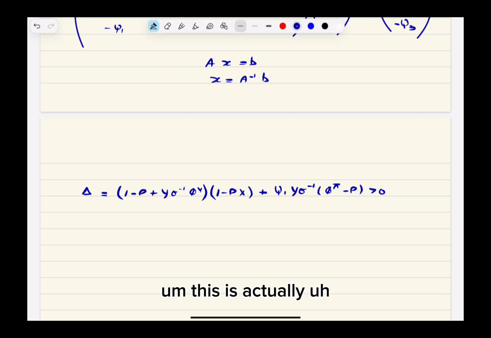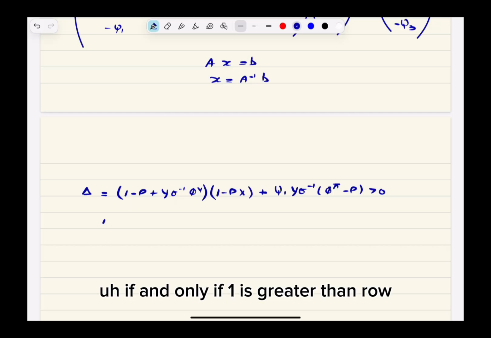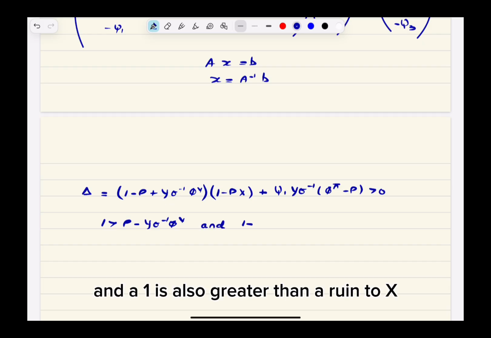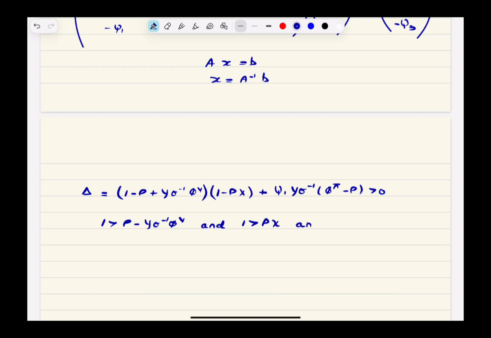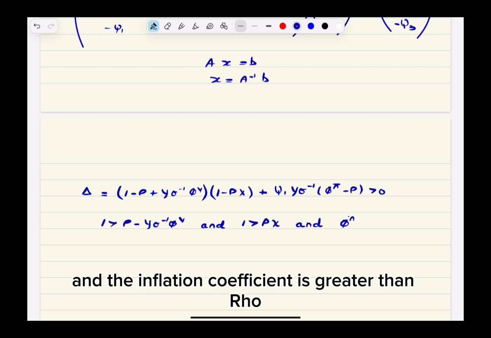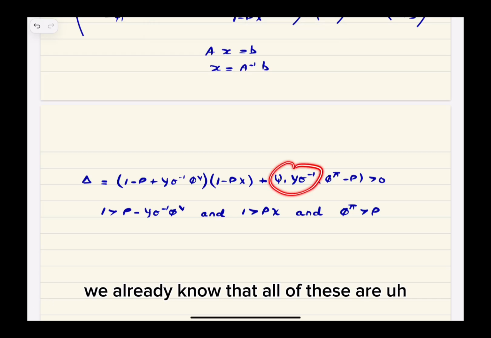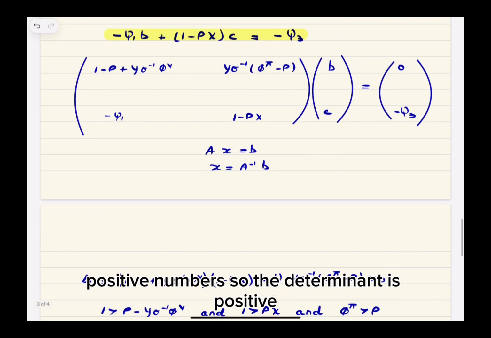So this is actually greater than 0 if and only if 1 is greater than rho minus this, which actually holds true, and 1 is also greater than rho into X, and the inflation coefficient is greater than rho, which is also true. And besides that, we already know that all of these are positive numbers. So the determinant is positive.